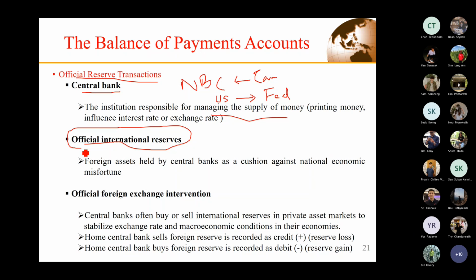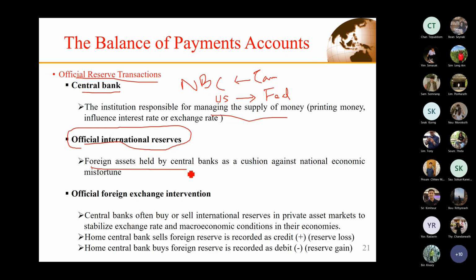It's a kind of foreign asset that is being held by the central bank as a cushion against the national economy's misfortune. Okay, so the central bank needs to have this kind of foreign asset reserve, so that they can try to stabilize the economy.